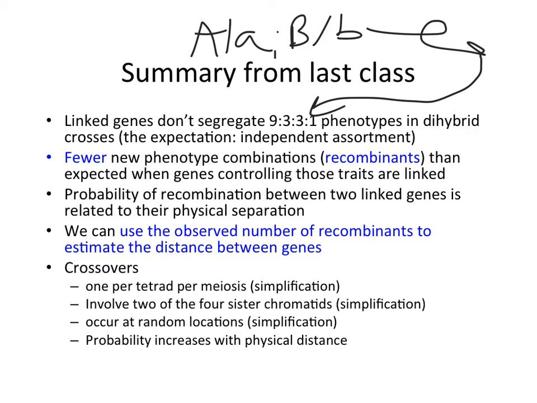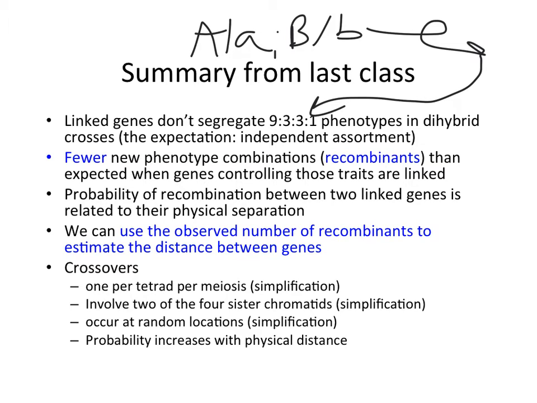We see fewer recombinants than we would expect because those alleles are stuck together. They don't get separated as often as we would have expected. And how do we know how likely it is that two alleles that are physically on the same chromosome get separated by crossing over, by recombination? Depends on the distance. Yeah, how physically far apart those genes are dictates how likely it is that crossing over happens between them.